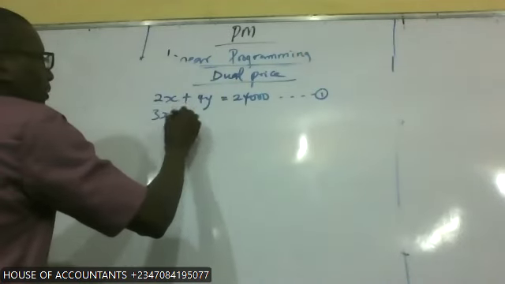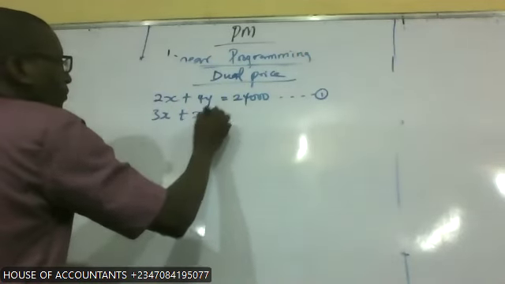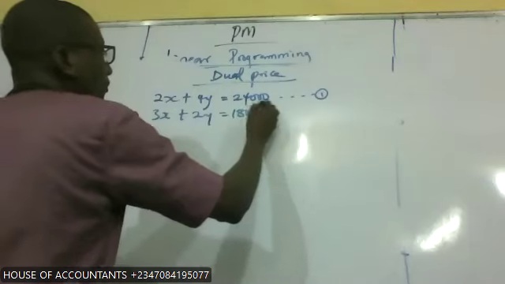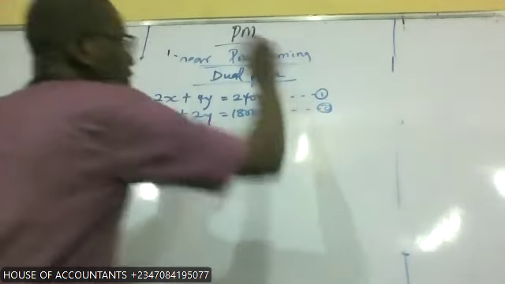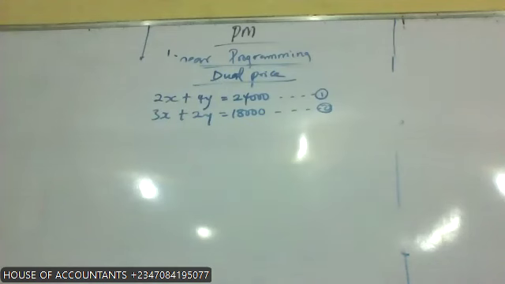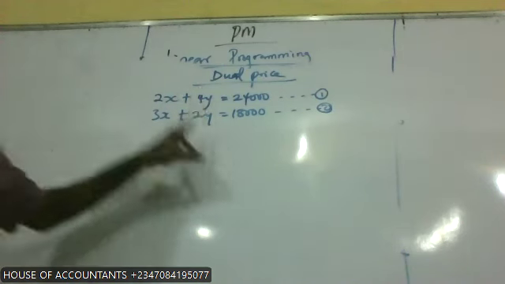Equation 2 is 3x plus 2y equals 3,000. Equation 3 is x, so you don't need equation 3, we know the x already. So the problem is between this and this.